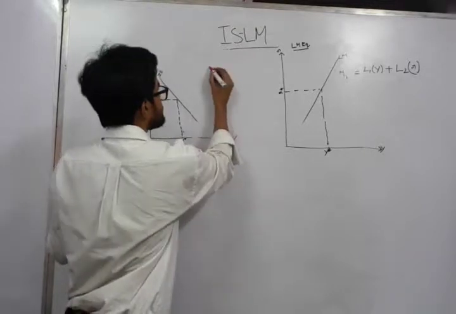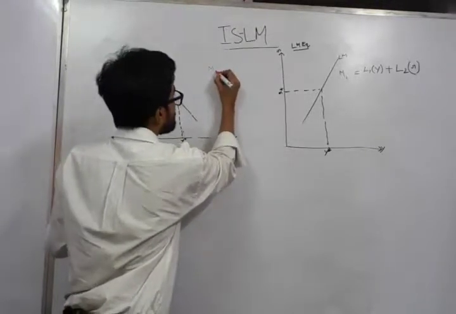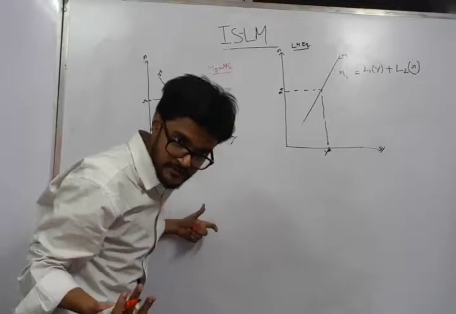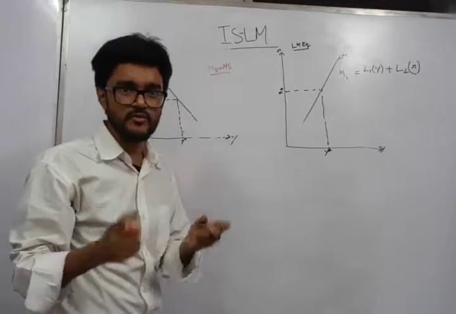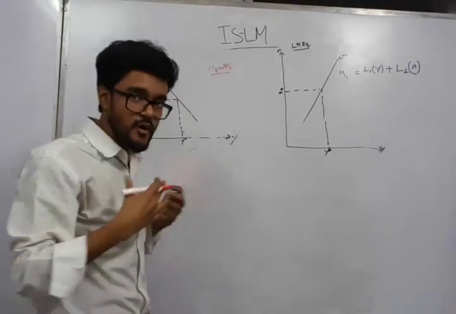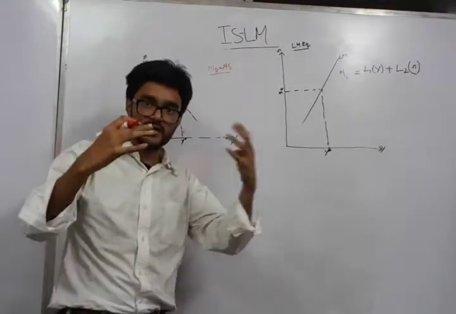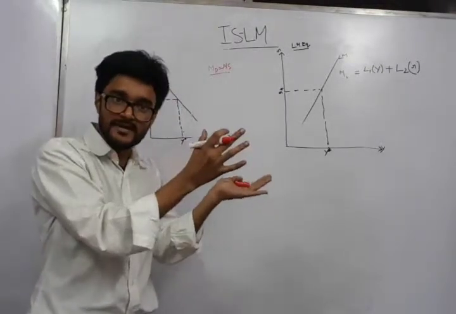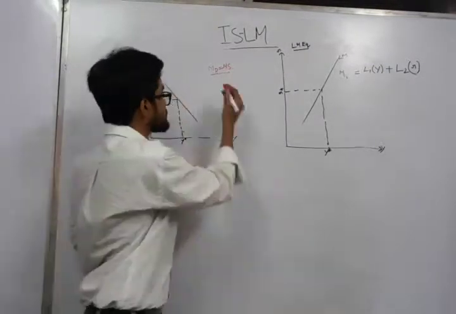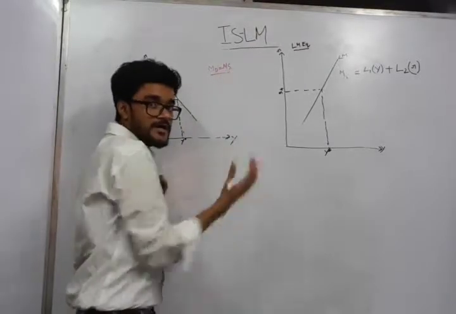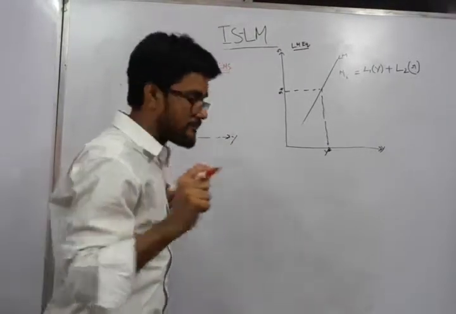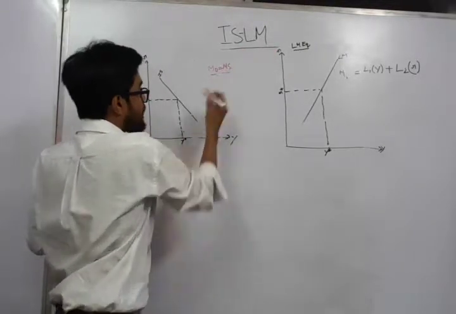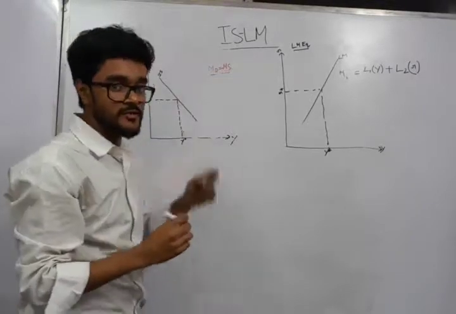Now the LM equation is money demand equals money supply. What does it mean? The LM curve basically talks about money market equilibrium. That is, how much money we consumers are demanding and how much money the central bank is willing to supply. That is, when money demand equals money supply, we get money market equilibrium. This is a part of ISLM, the LM part. Now let me explain when money demand equals money supply.